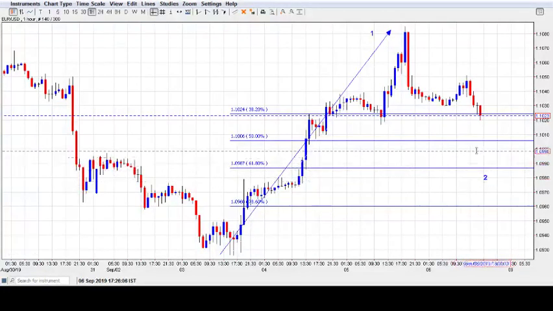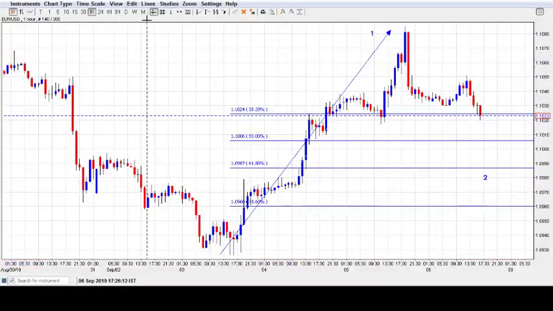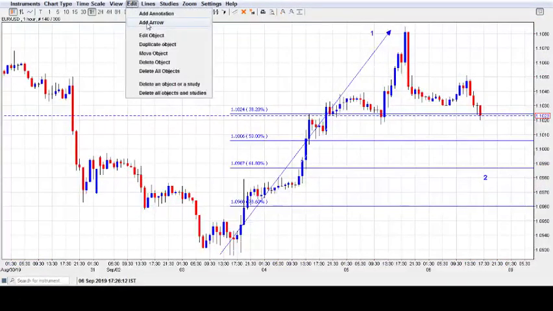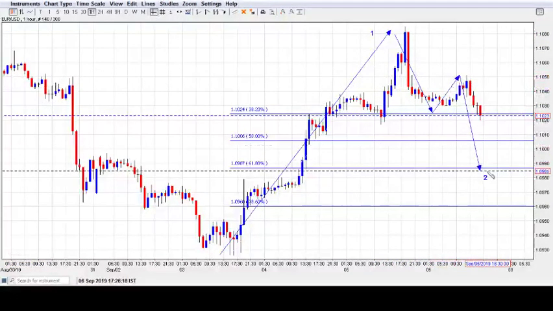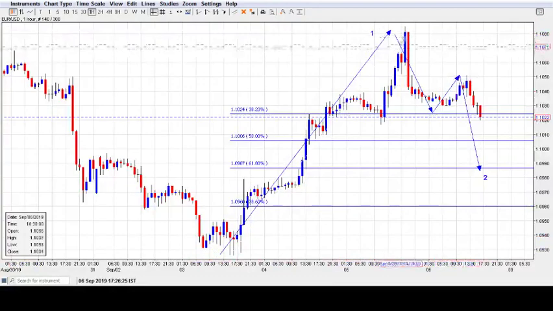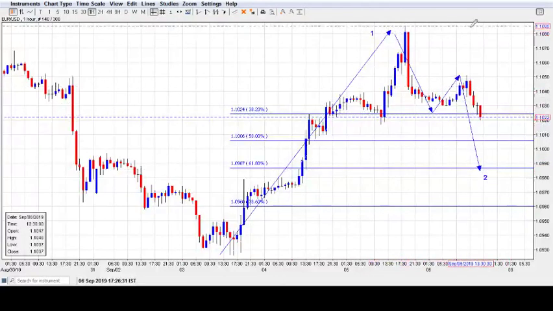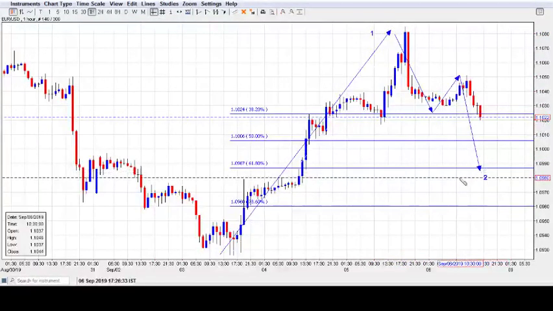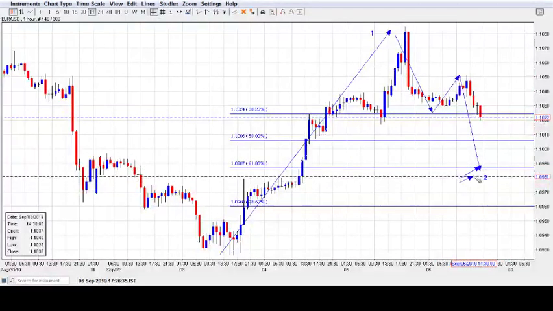If we see a bounce over here, then it's quite clear that we've got our second wave termination right there. ABC. We've got wave 1, impulsive 5 waves rally, and an ABC. I'm not labeling it right now. It's just about a 3 waves corrective drop. Expect support around that zone, 1.0987.